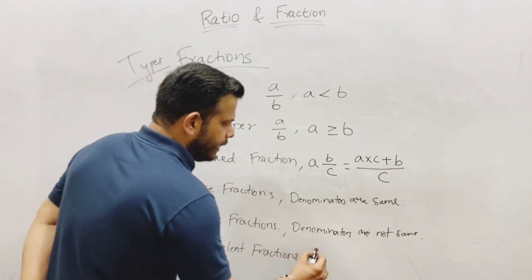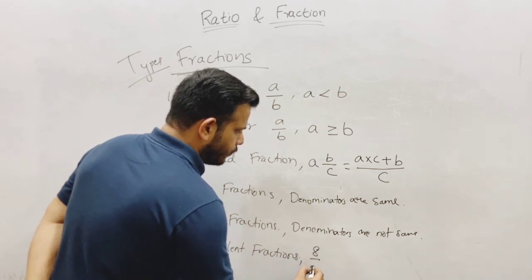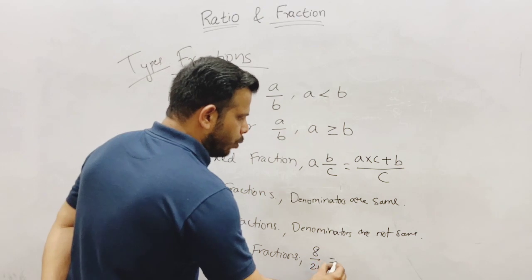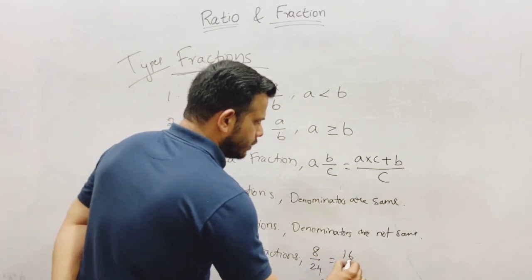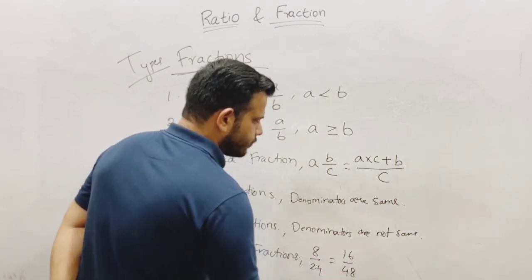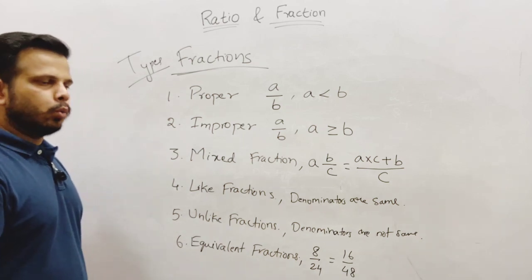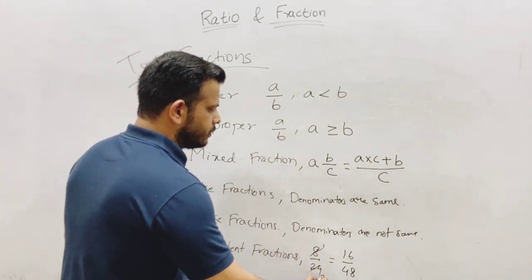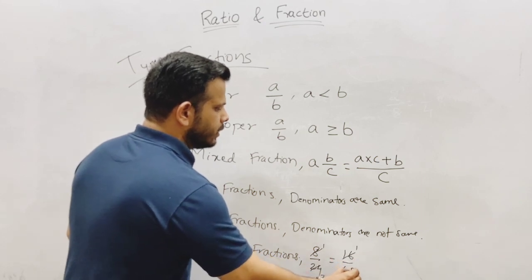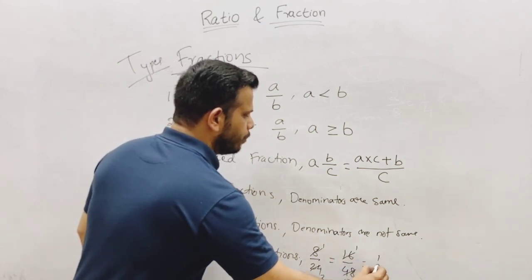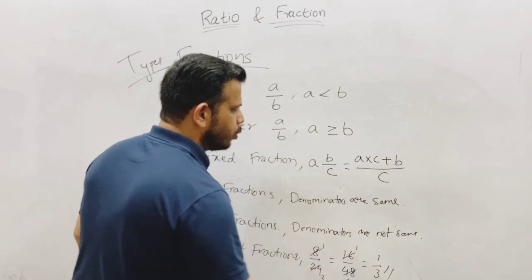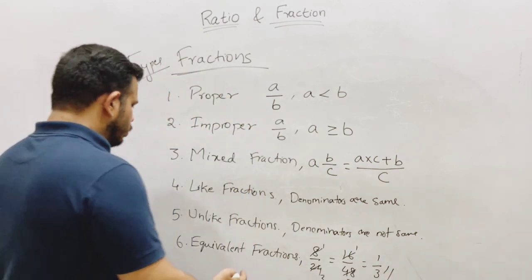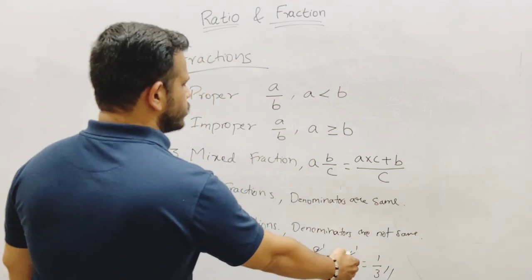Like if I write 8 by 24, this is equivalent to 16 by 48. How? 8 ones are 8, 3s are 24. 16 ones are 16, 3s are 48. Ultimately, both results are 1 by 3 only. So this is called an equivalent fraction.